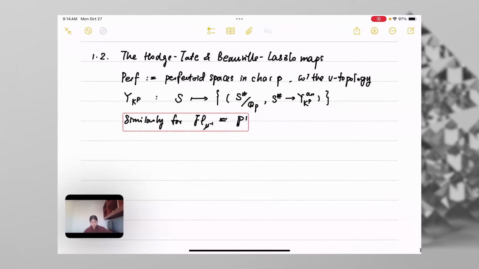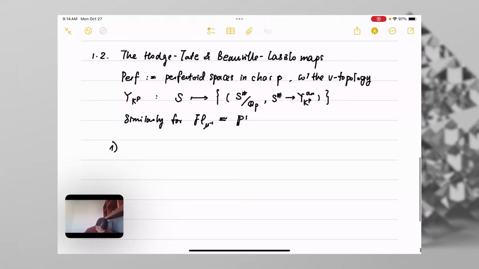Now, for constructing the Hodge-Tate map, we want to say that if we are given a map from a perfectoid space S to the infinite level modular curve, we want to construct a map from S to the P^1 diamond.